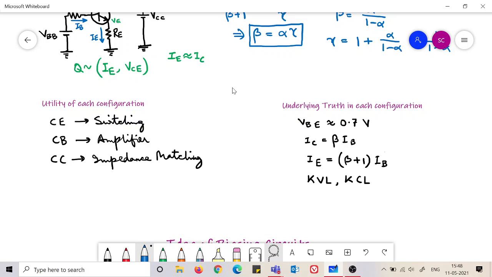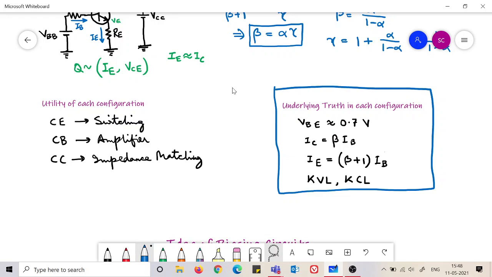The underlying principles for solving these configurations remain the same. This is the underlying principles. We use the fact that VBE is 0.7 volt. Sometimes we also neglect it. IC is beta times IB.